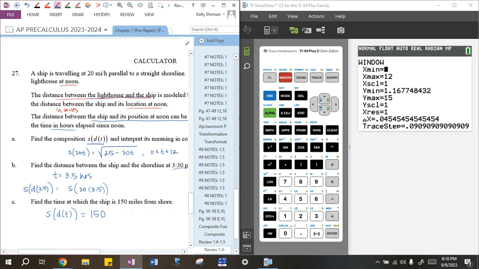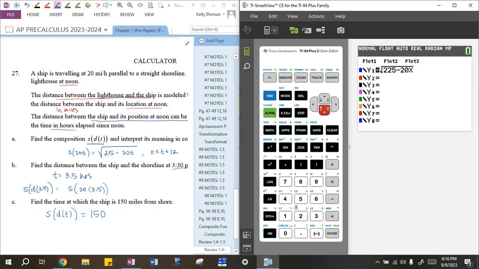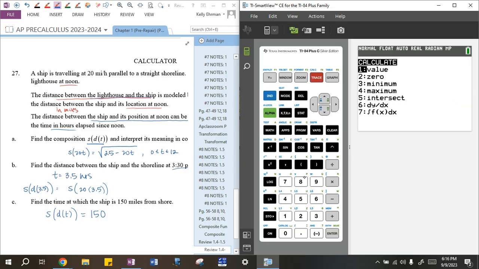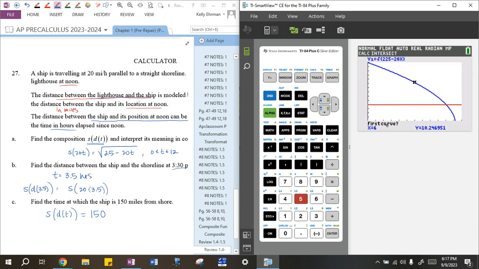Okay, anyway, what I was trying to say was, let's say I want to know when y equals 5, for example. So whatever this is going to be, when I put 150 into the other equation, I am looking for this point of intersection. So I do second, trace, intersect. And it just says first curve.